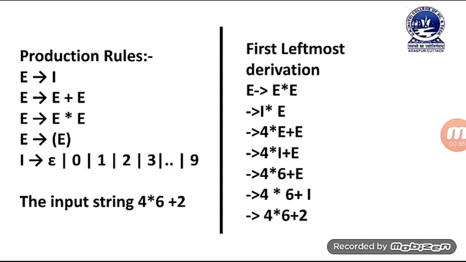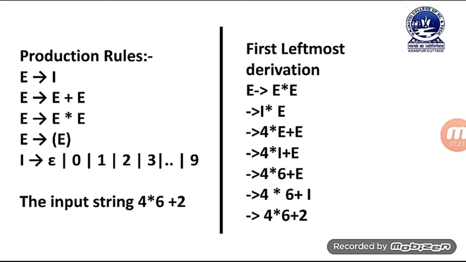At the first step I have used the production rule E implies E into E. Then at the next step I have replaced E with I. Then I have replaced I with 4, and I have expanded E with E plus E. Then I have replaced E with I. So till now our derived string is 4 into I plus E. Then I have replaced I with 6, so the output is 4 into 6 plus E. Then I have replaced E with I, and at the final stage we have got the output 4 into 6 plus 2.